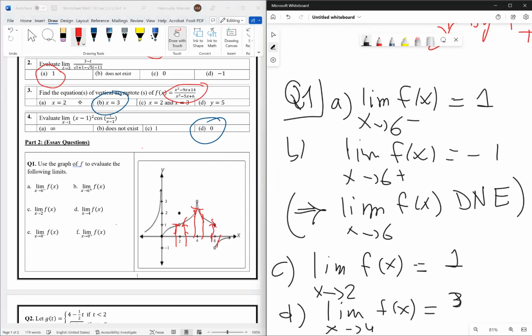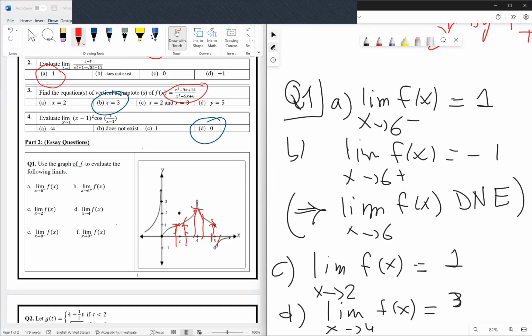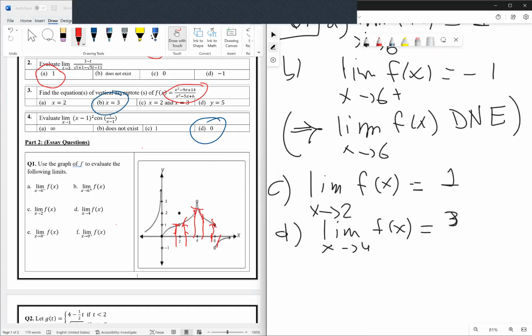When right, left, they meet at the same point, take the y as the limit. When they don't meet, the limit does not exist. And by the way, be careful if we have two graphs of functions in the same picture. For example, we can give f and g, then be careful to choose the right graph for f or g.